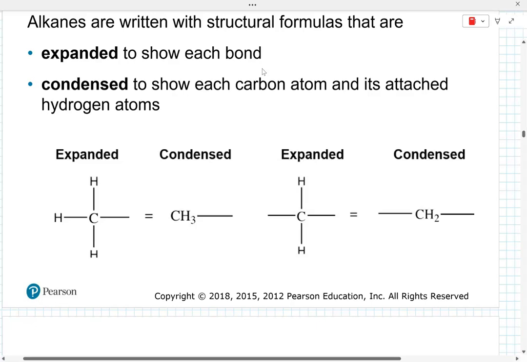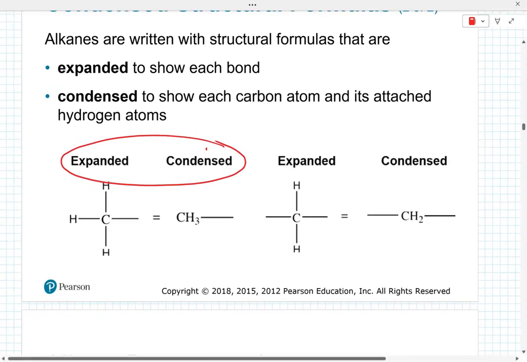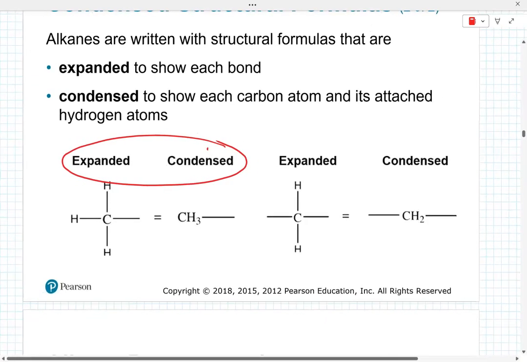Now, in some cases, you need an expanded structural formula because you want to show how bonds are changing. But here is a relationship between the expanded and the condensed structural formulas.